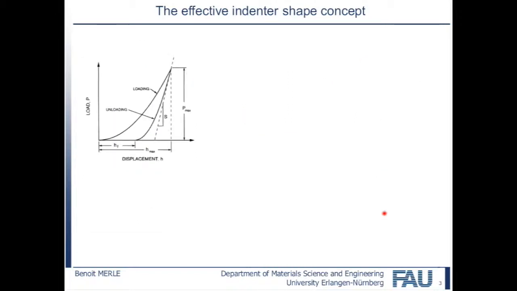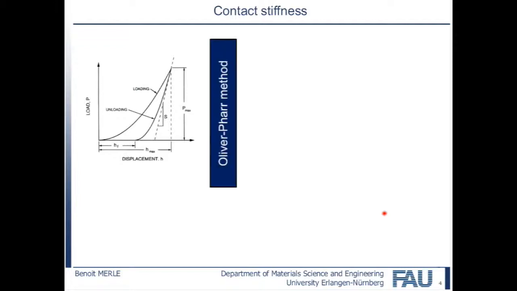But first of all, I'd like to come back to contact stiffness. You have heard a lot about it in the previous presentation from Jennifer Hay. I wanted to stress once more that this is a very important parameter for the Oliver-Pharr evaluation method that is commonly used for evaluating nanoindentation experiments.